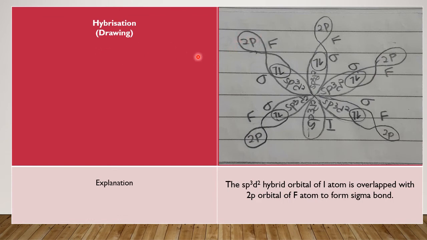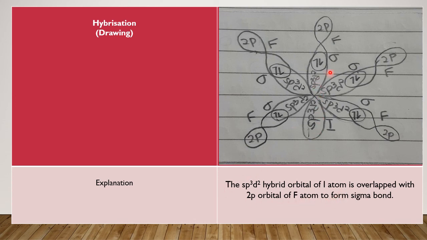So this is the drawing to show the hybridization of iodine pentafluoride. You can see the 5s orbital, the 5p orbitals, and the 5d orbitals are mixed to form sp3d2 hybrid orbitals.